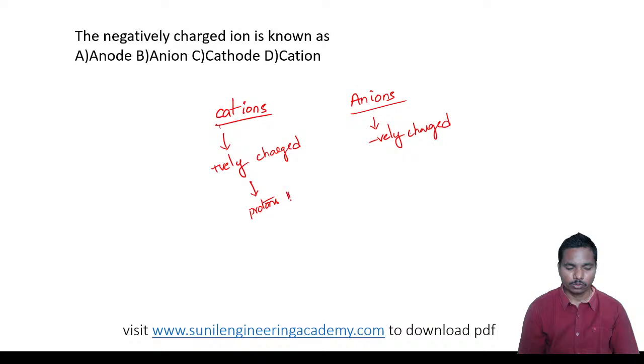Anions are negatively charged because they have more electrons. Cations, generally, are like Na plus, magnesium 2 plus. Anions are like fluorine minus, OH minus. So these are the anions, and these are the cations.